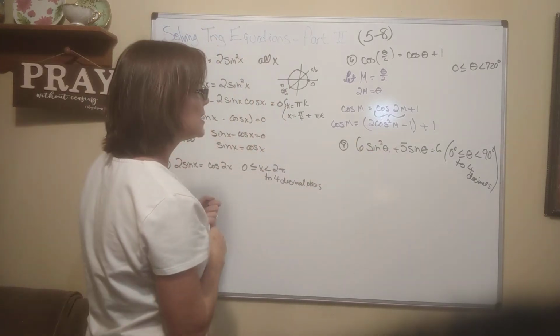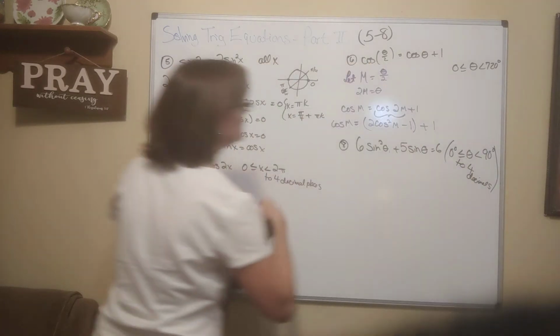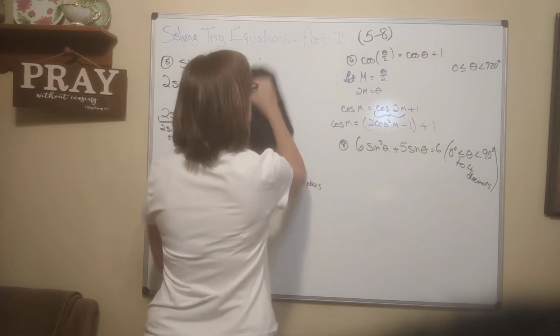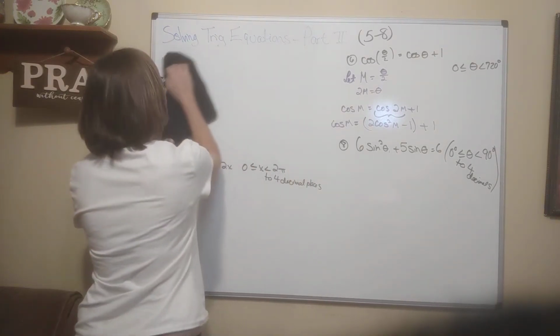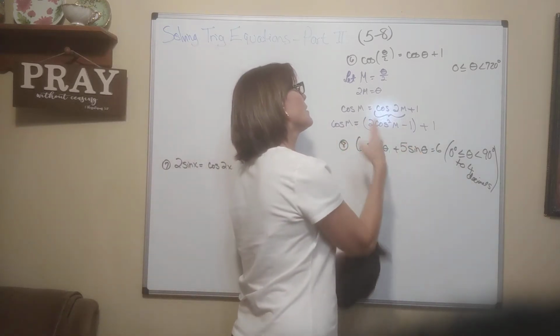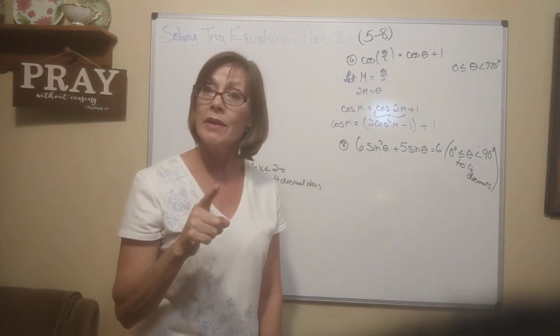So let's proceed here. I need some more room, so I'm going to erase part of this problem. Over here, what I'm going to do is collect like terms. This is the truth, whether you're in trig or algebra or whether you're walking down the street. If you have a parentheses and on the outside of that parentheses you don't see anything, there's a positive 1 right there.